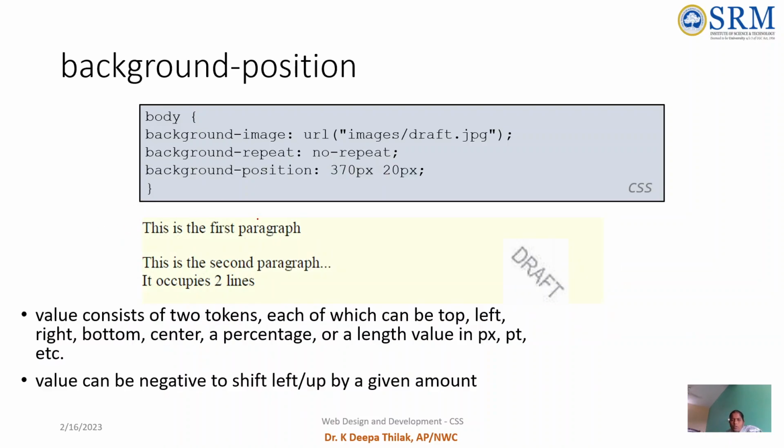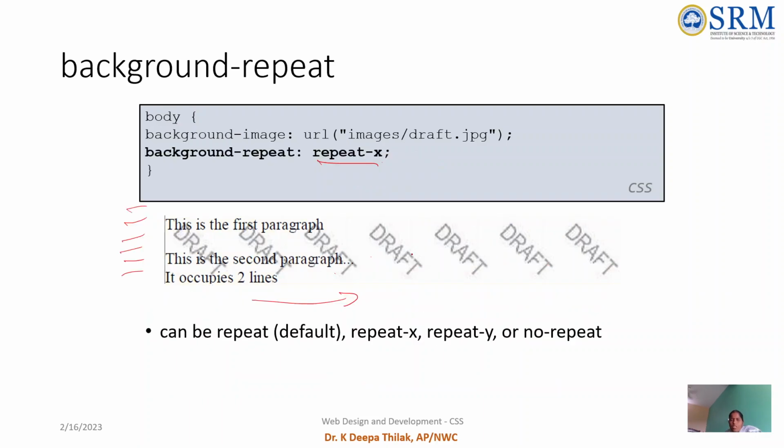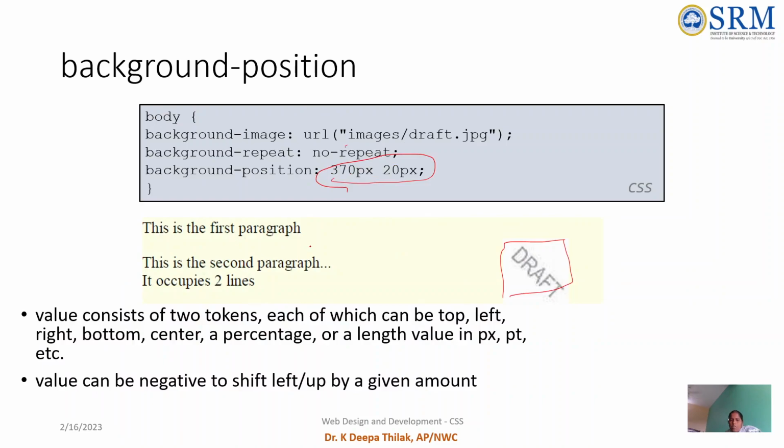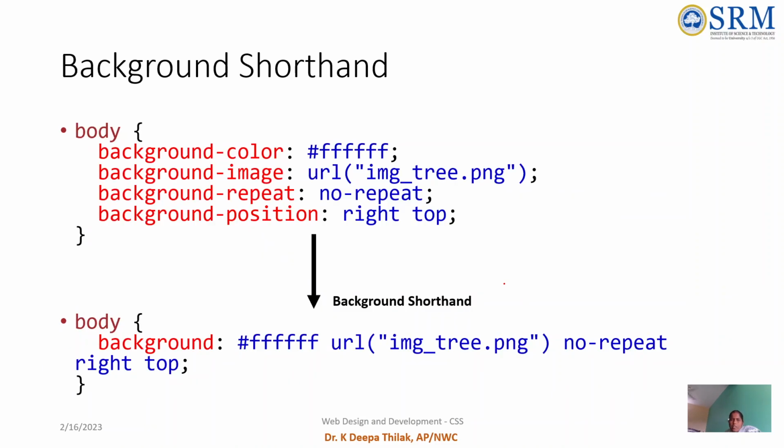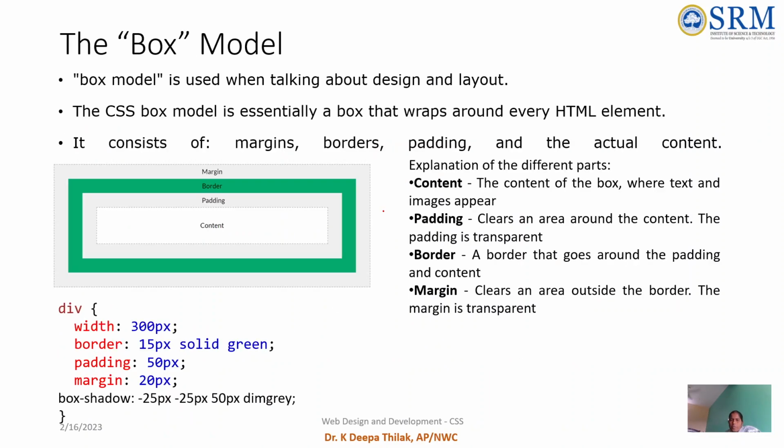And for position, I give an absolute value, so in that particular position it displays the image with no-repeat. In the previous case the default is repeat. No-repeat means it will not repeat, and only at the fixed position one image will be displayed. So this is the shorthand notation of background, where with a single line, instead of using four lines, I specify all the features I need from the previous step.